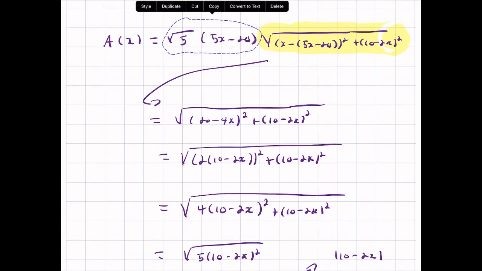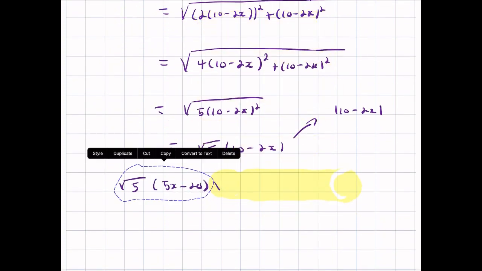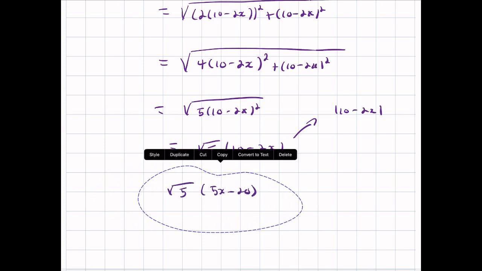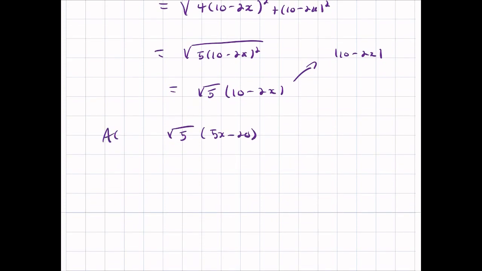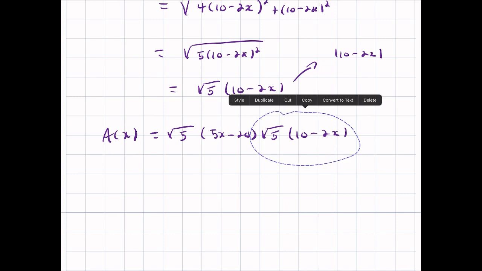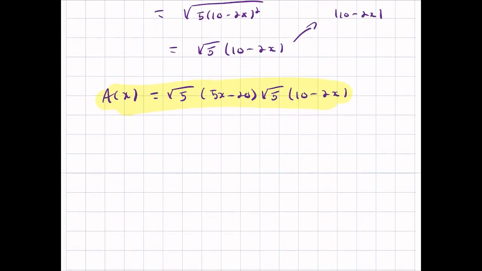And then let me bring down the rest of this, which we forgot about for a second while we were simplifying. So we get the area as a function of x is equal to this times this stuff, which now I can simplify and expand and take the derivative of.